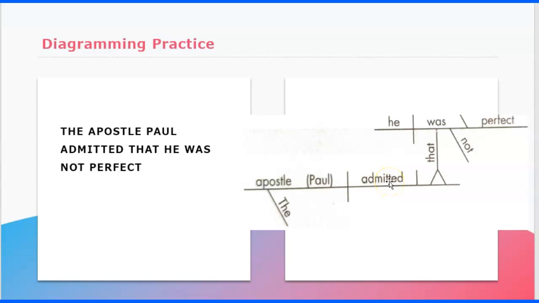Then admitted, we already talked about that, so this is our main clause. But then here's Pedestal Pete. What did he admit? He was perfect. With the not, remember that's an adverb, can't go up on this main line, and there's nowhere else to put the word that, so we're going to put it on his body. Notice the line is straight.